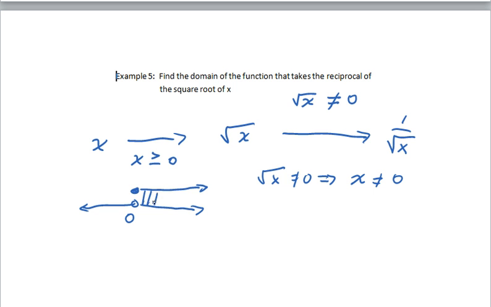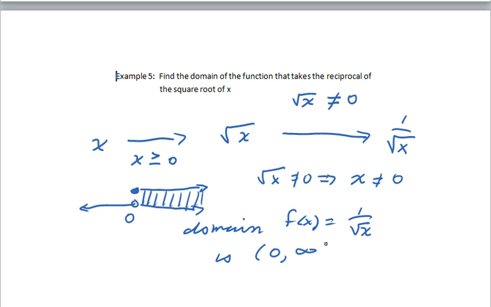So the intersection of these two is that x must be exactly greater than 0. And so in this case, the domain of f of x equals 1 over the square root of x is the interval from 0 to infinity, not including 0.